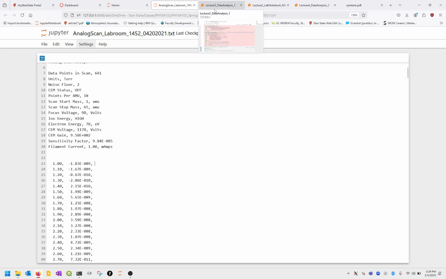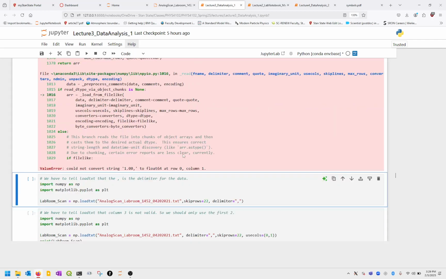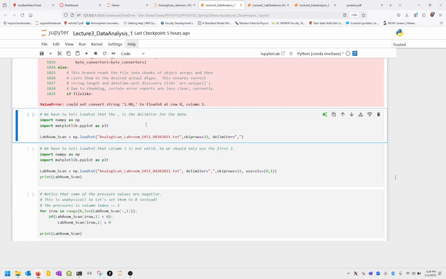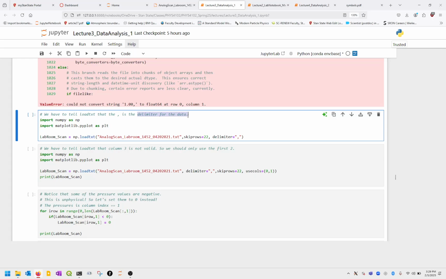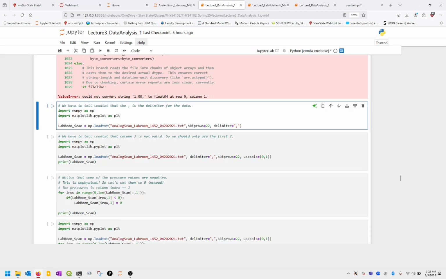So how do we deal with this? We can tell Python how these numbers are separated. This is known as a delimiter. It limits the values. All the fonts are messed up again.